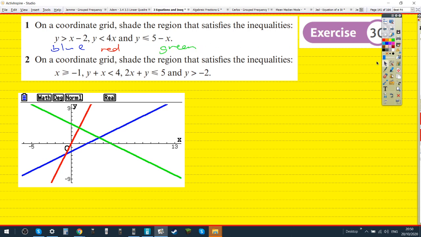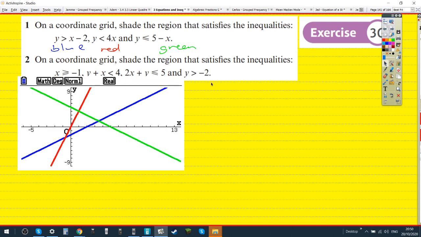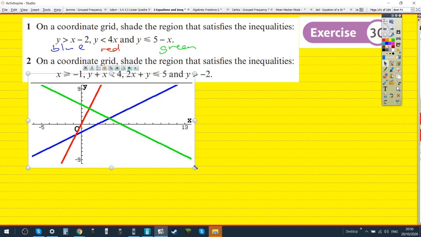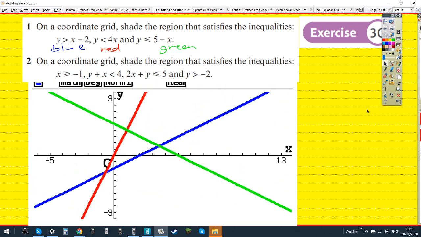Okay, how do we do this? So we eliminate the sections that are not wanted. Well done. Anything greater than x minus 2 should be kept.